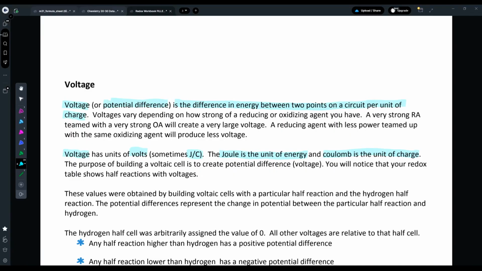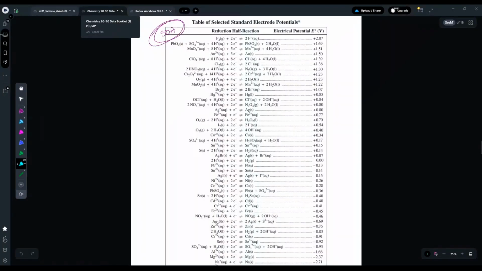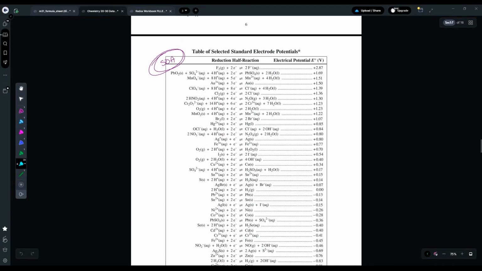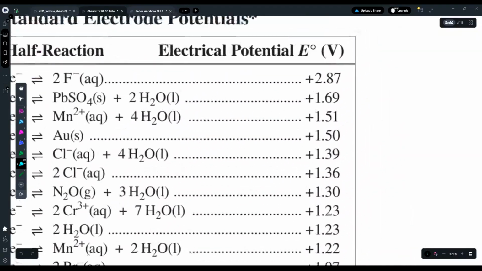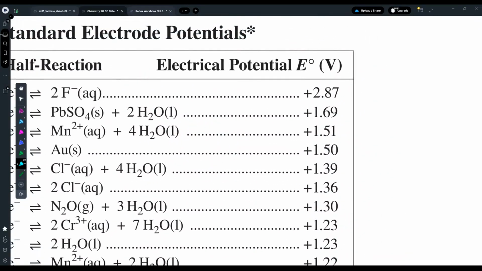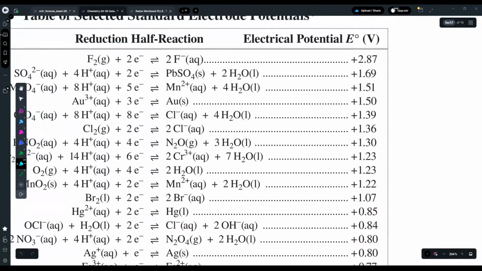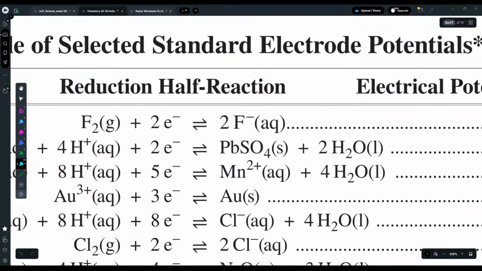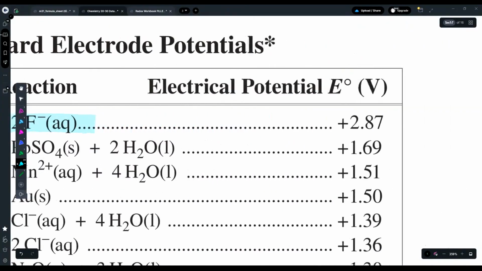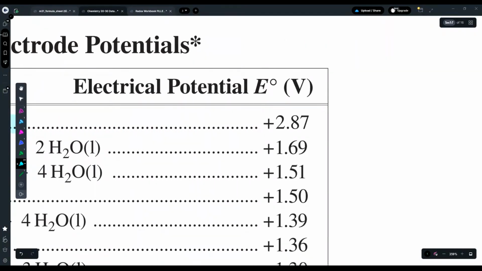Okay, so you'll notice that your redox table shows half reactions with voltages, and we've talked about that previously. All of these voltages are off on the right hand side, and each half reaction has its own unique voltage, so they're kind of like fingerprints. Only this half reaction will have a voltage of positive 2.87.